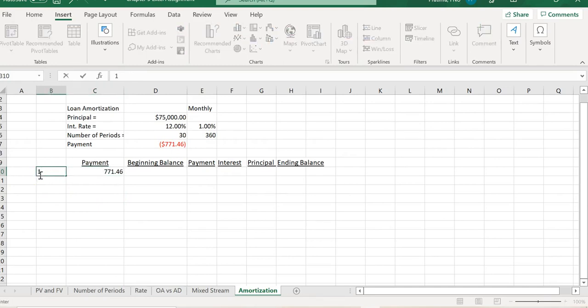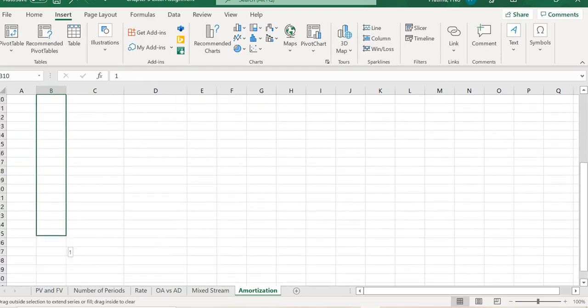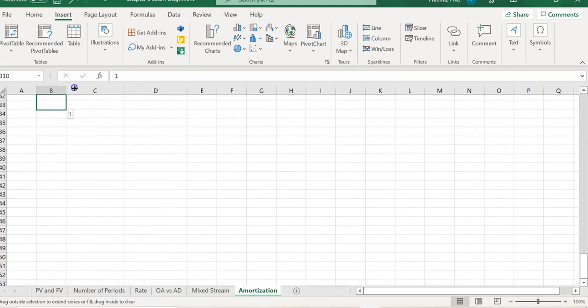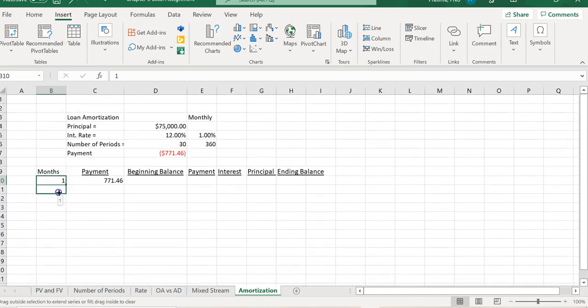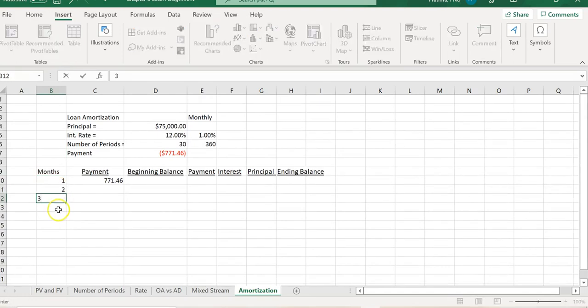So let's start with month 1. These are the months here. So from month 1, it would go until month 360. Oops, I'm sorry. Since I just dragged it by putting just one value, it will copy 1 everywhere, but we do not want that to happen. We want to tell Excel that we want this series.